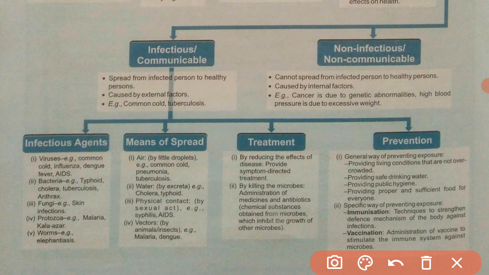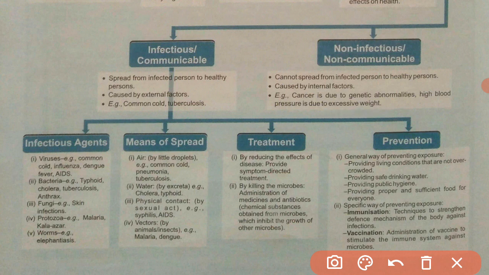Communicable diseases can spread from an infected person to a healthy person, and are caused by external factors, microorganisms, like common cold, tuberculosis, typhoid, malaria, dengue, chickenpox, etc. Non-communicable diseases cannot spread from an infected person to a healthy person, and they are caused by internal factors, like cancer due to genetic abnormalities, and high blood pressure due to excessive weight. These cannot transfer from an unhealthy person to a healthy person.